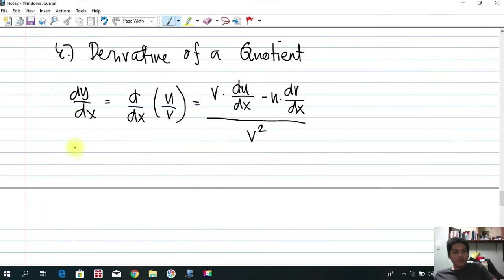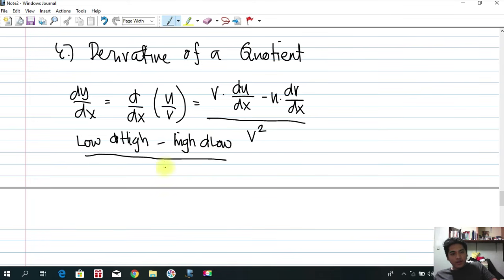Or in other words, we have a mnemonic for that: low, derivative of high, minus high, derivative of low, divided by low, which is the denominator, squared.